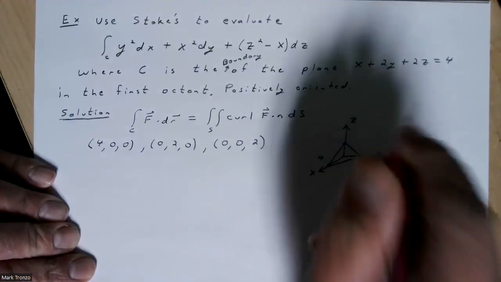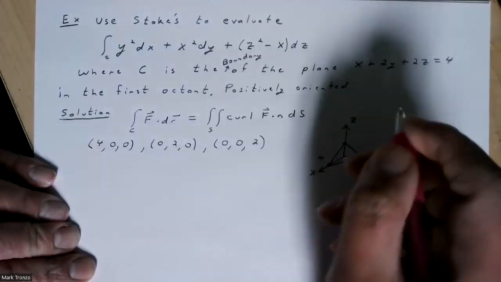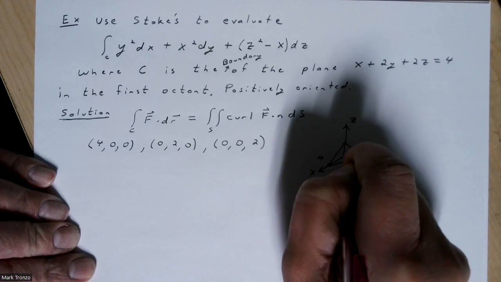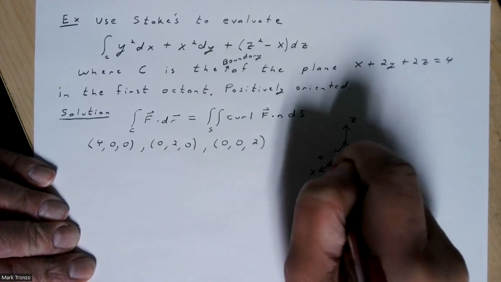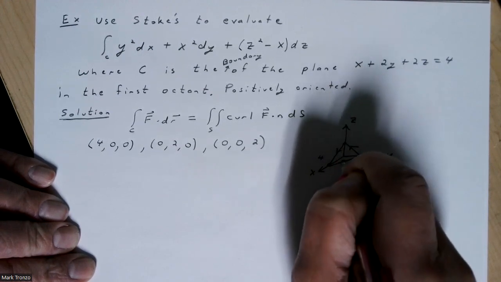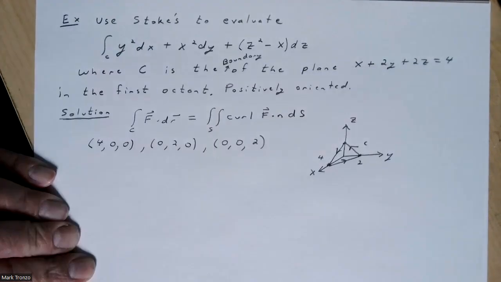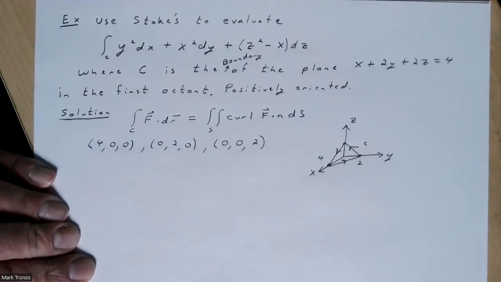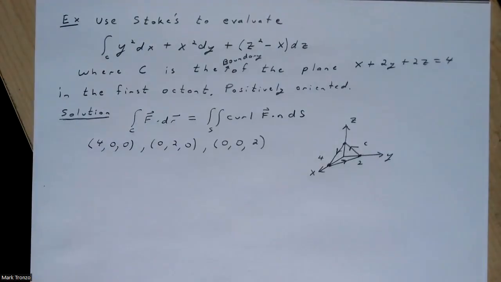And we're told it's positively oriented, so we really don't even have to think about that part too much. So the normal, so we can think, okay, the boundary C looks like this. And then there's a normal coming outward out of that. I won't even draw that.